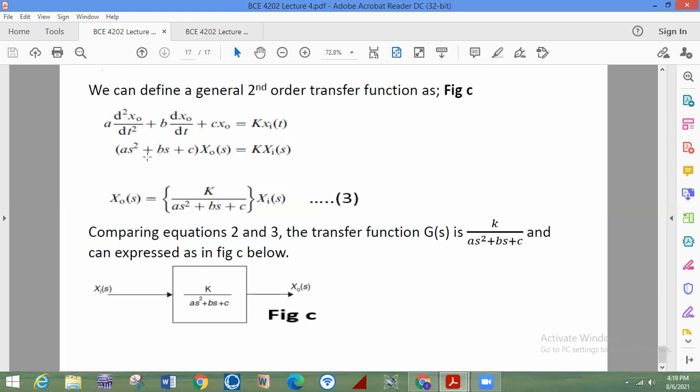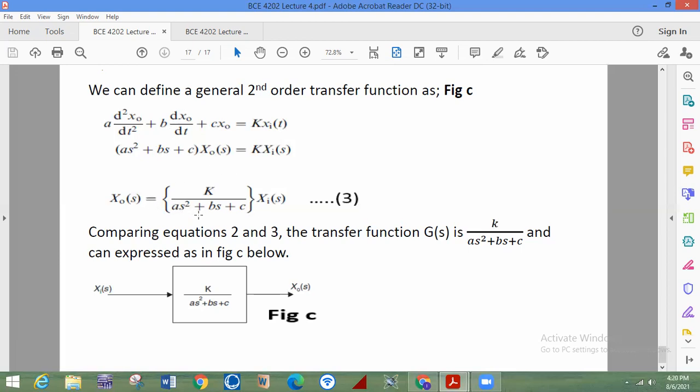So it can be simplified as this: s squared representing the second derivative of our function with respect to time, and s here representing the first derivative with respect to time. So this should be clear. This equation can as well be rearranged as follows.